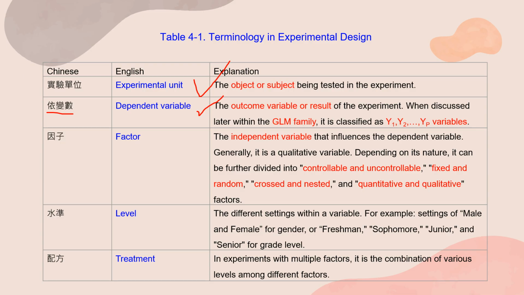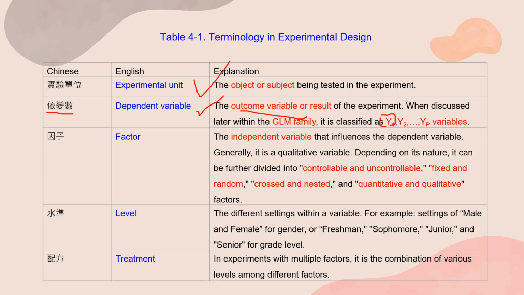There is a lot of wording, but do remember the dependent variable is a y. Sometimes there are multiple dependent variables, like y1, y2, up to yp. This is the outcome variable, or result of the experiment.